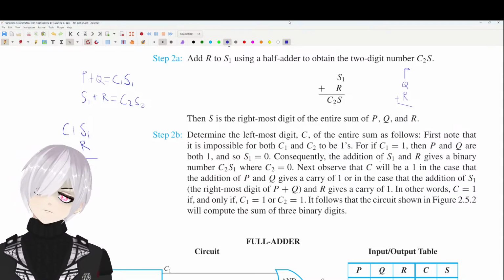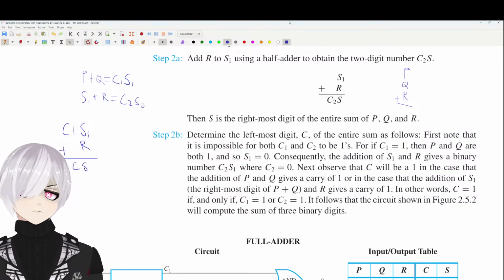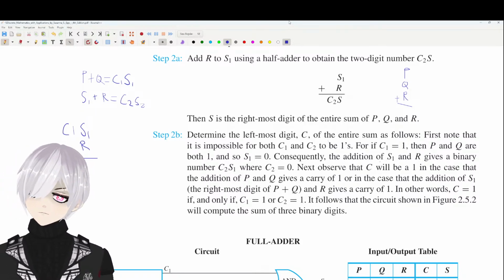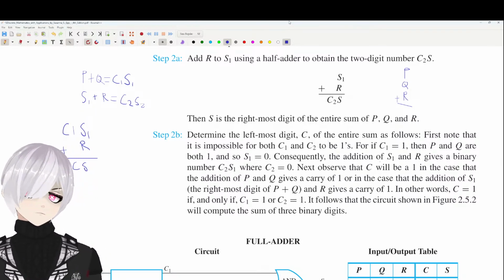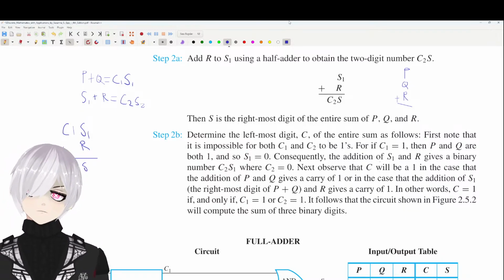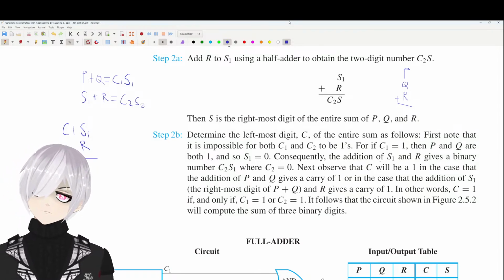So now our C1 S1 is 1 0, and we're adding R to that. 0 plus R is just going to be R, which is either 0 or 1.